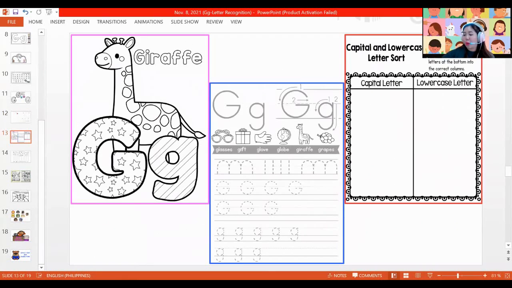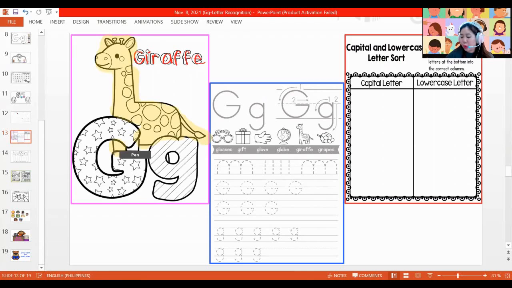So we have our letter G is for giraffe. So after tracing our name, we have to trace the word giraffe. We also have to color our giraffe. You can use different colors if you like.